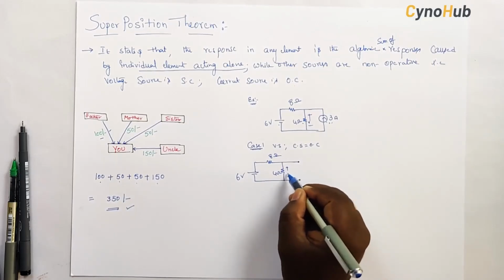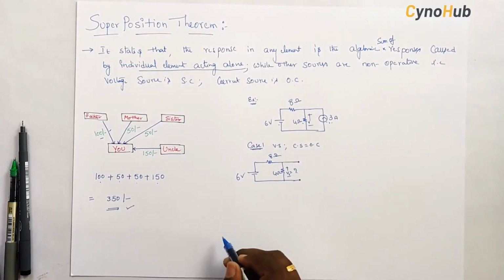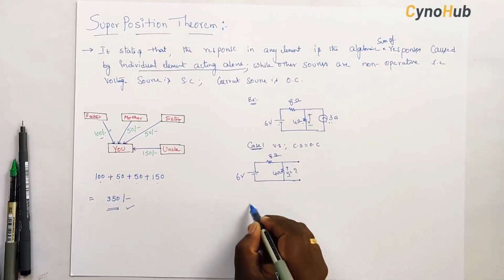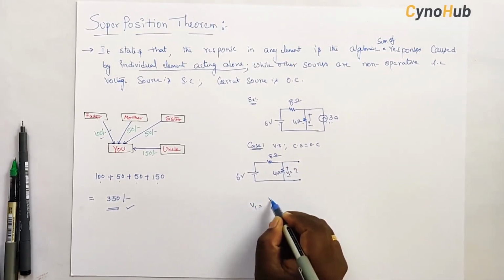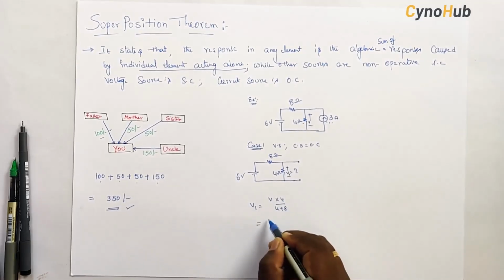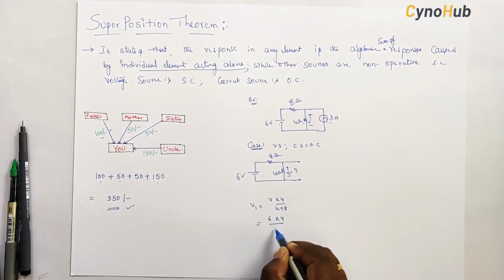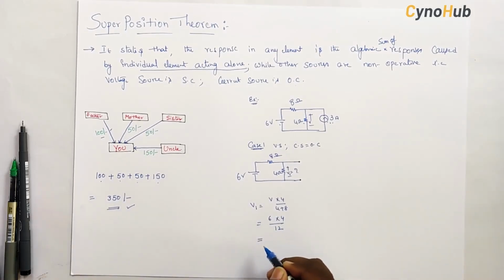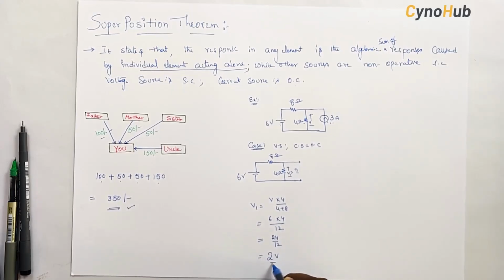I want to calculate the voltage here, I will take it as V1. According to the voltage division rule, V1 is the total voltage into 4 by 4 plus 8. Total voltage is 6, so 6 into 4 by 12, which is 24 by 12, and it is 2 volts.